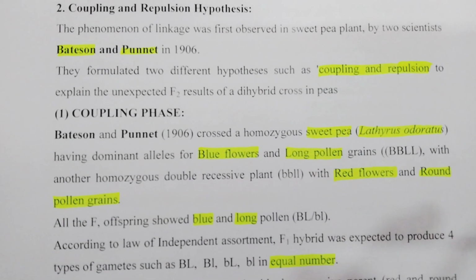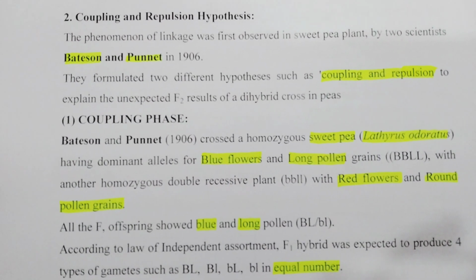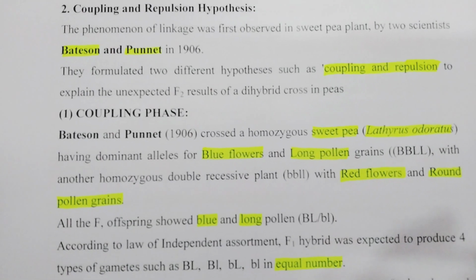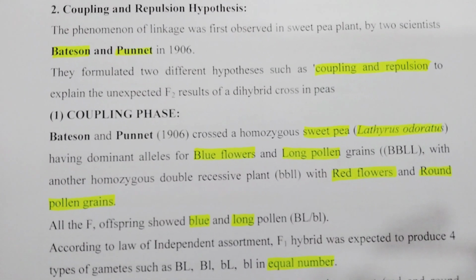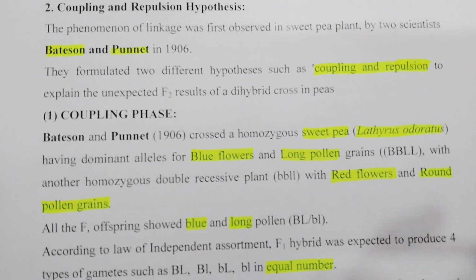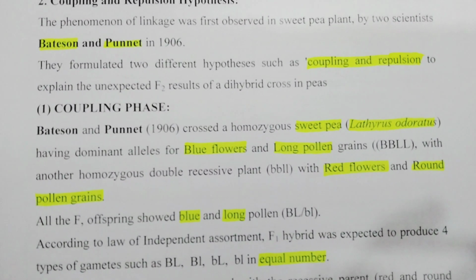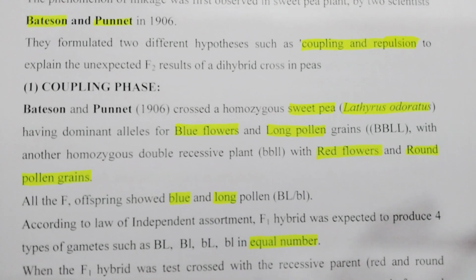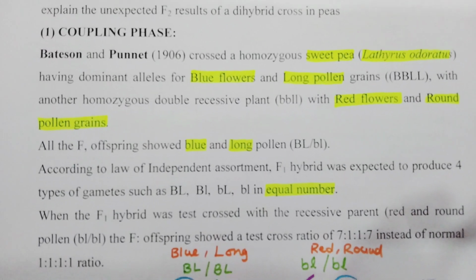They didn't know it as linkage, but they proposed the same theories. They formulated two different hypotheses, coupling and repulsion. To explain linkage, let's see the first one, the coupling phase.